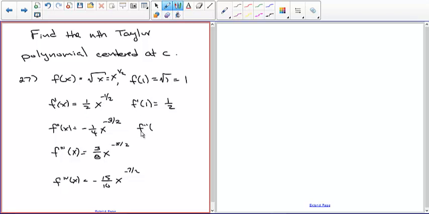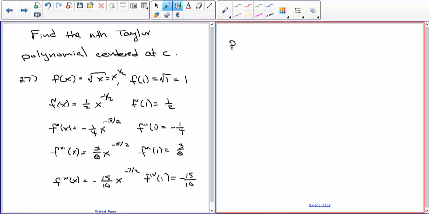And the second derivative is going to be negative 1/4, the third derivative is going to be positive 3/8, and the fourth derivative is going to be negative 15/16. So in this case, we get an alternating series instead of a non-alternating series.